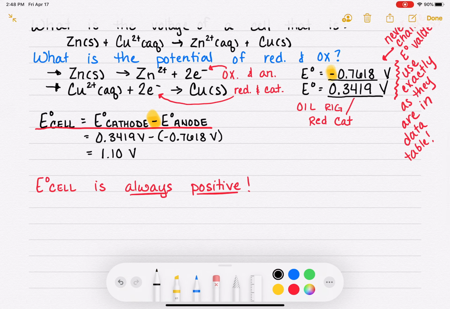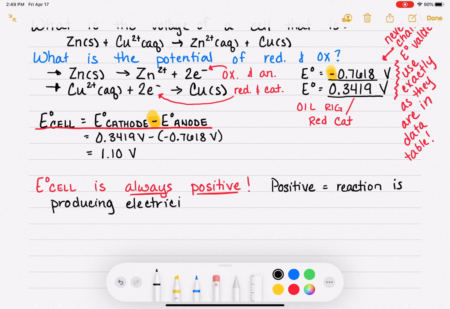E-cell is always positive, and this is because positive E-cell means that the reaction is producing electricity, and it is a spontaneous reaction, meaning that it's just happening on its own.